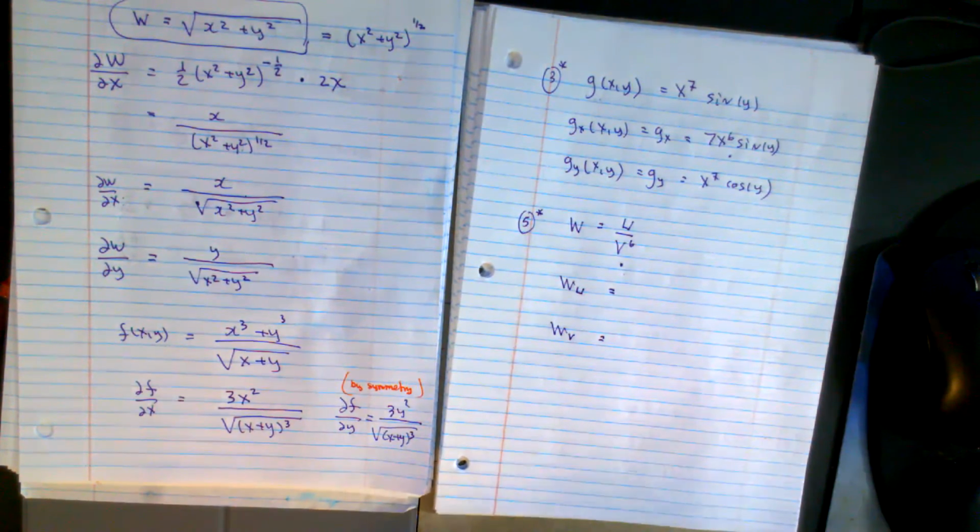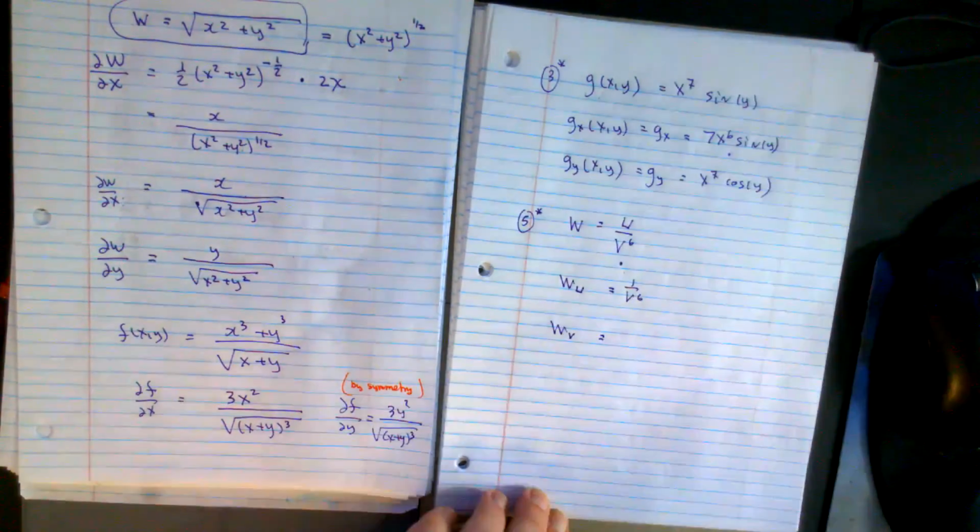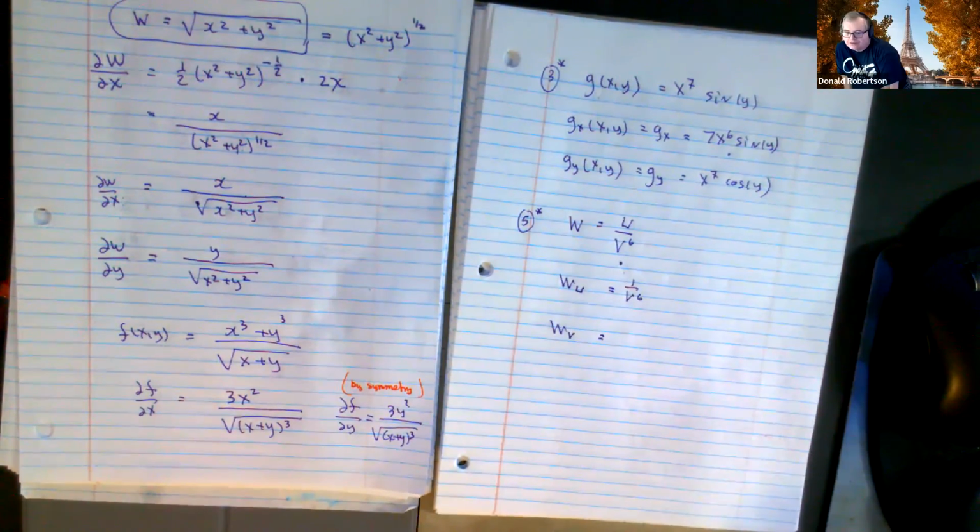One over v to the 6th. Agreed. Isn't it just like u over 20? Well, differentiating u over 20 is like a 20th, isn't it? You get 1 over 20.